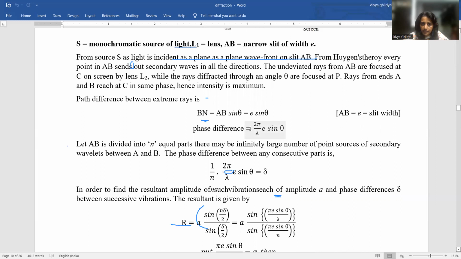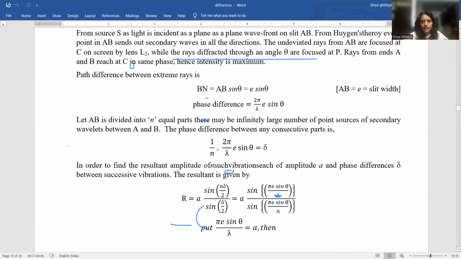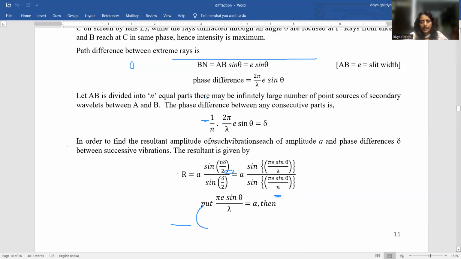What is phase difference? Phase difference is equal to 2 pi by lambda into path difference Bn. Let AB be divided into n equal parts, that may be infinitely large number of point sources of secondary wavelets between A and B. So the phase difference between any two consecutive parts will be equal to 1 upon n into 2 pi by lambda e sine theta, equal to del.